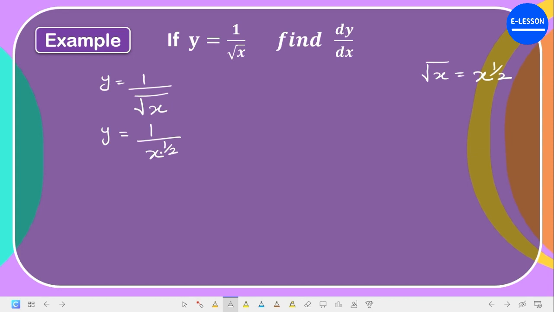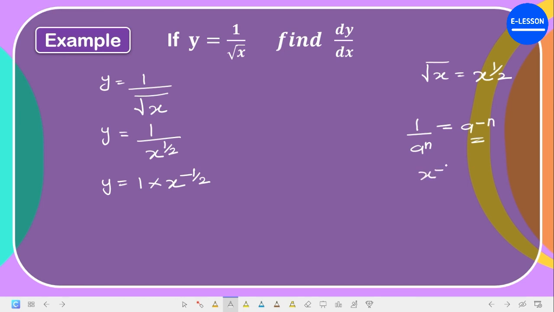Now 1 over a raised to the power of n is still the same thing as a raised to the power of minus n. We've established that fact before. So y is equal to x raised to the power of half. This becomes 1 times, if you want to make this linear, x raised to the power of half, if it comes up, it becomes x raised to the power of minus half.